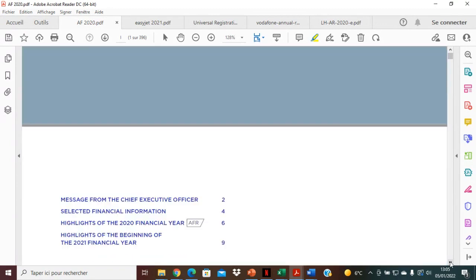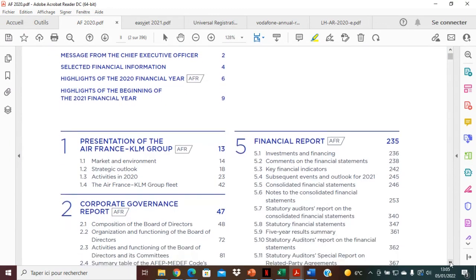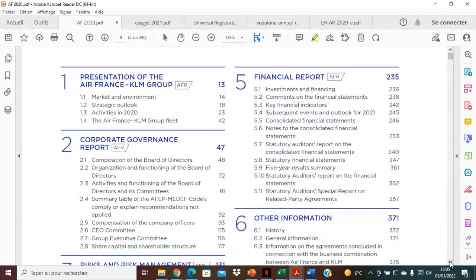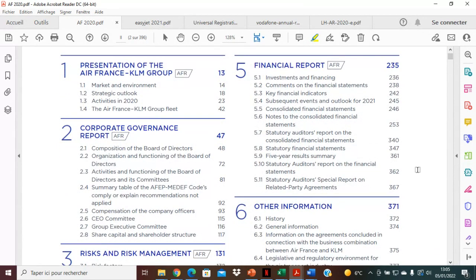Okay, so let's see quickly what the content is. The registration document has the advantage that the chapters are rather standardized, more or less. And we see that everywhere where it says AFR, that's part of the official financial report of the financial statements. So we have a presentation of the Air France Group.